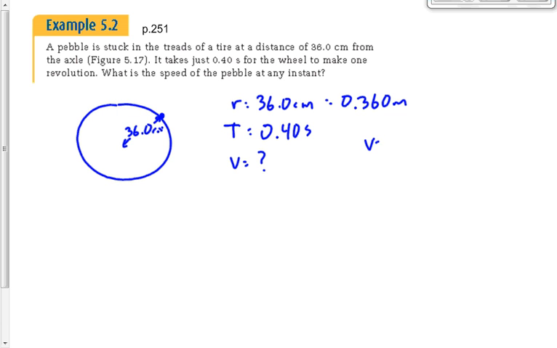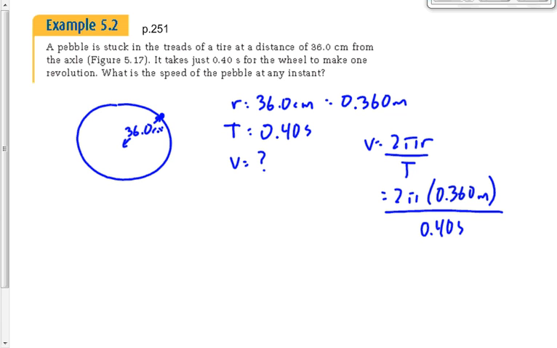So we're not going to use d over t. We're going to use 2 pi r over big T. It becomes 2 times pi times the radius of 0.360 meters, divided by 0.04 seconds. When we do that, we end up getting, to 2 digits, 5.7 meters per second.